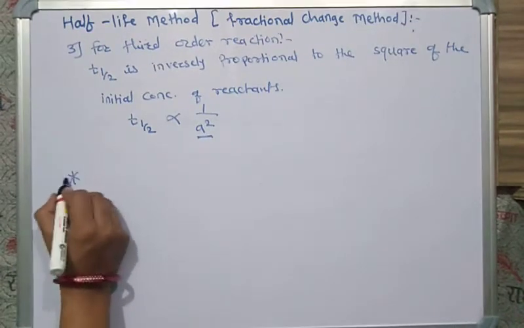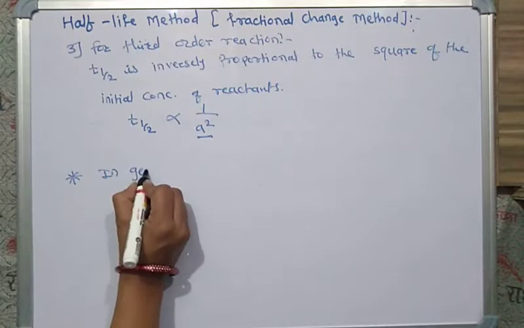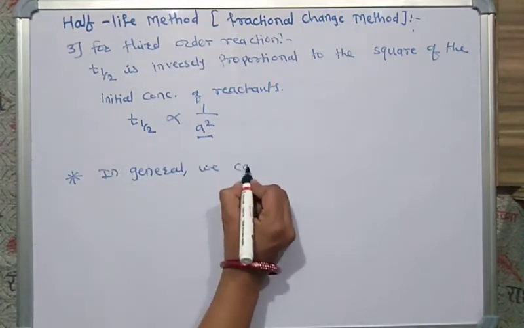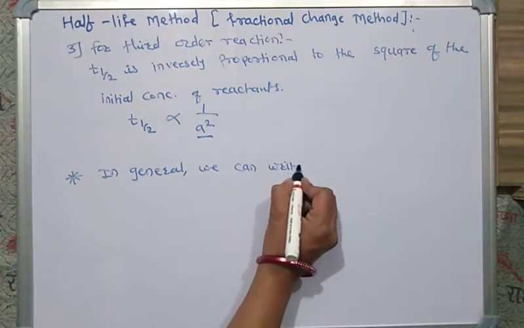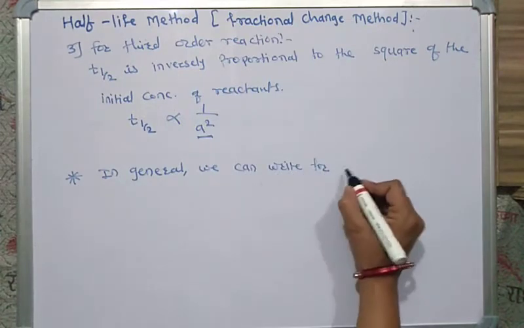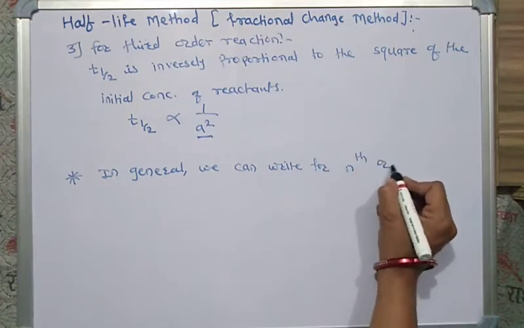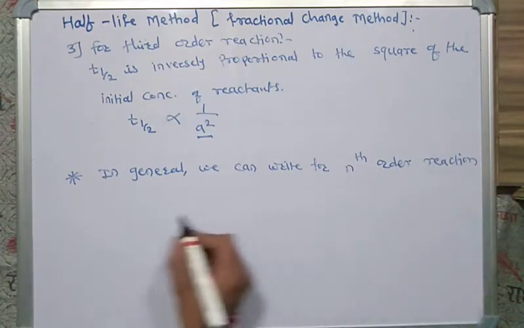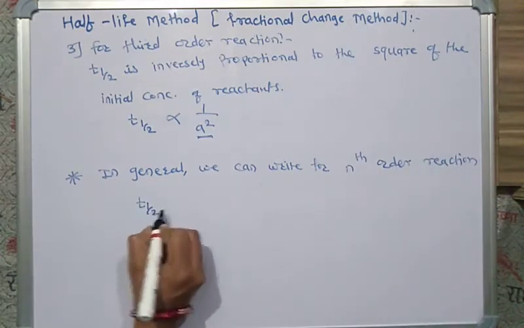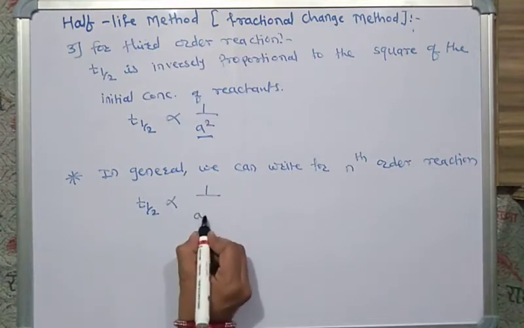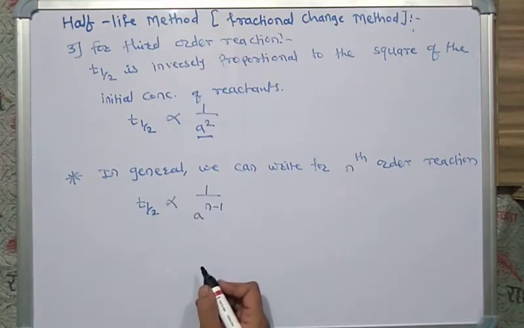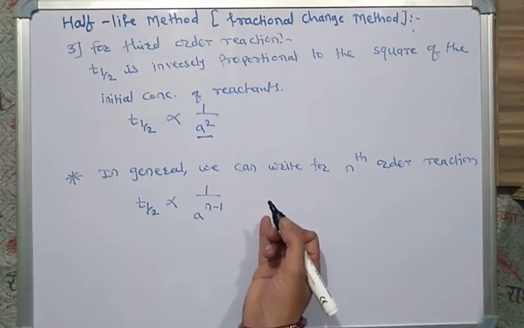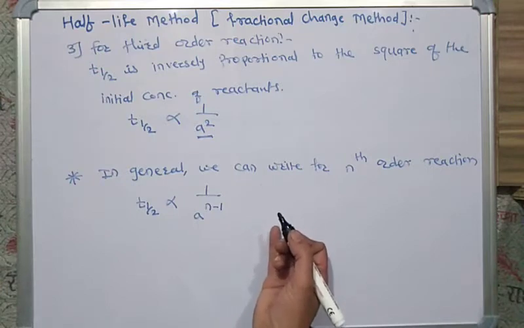In general, we can write for the nth order reaction, T half is proportional to 1 divided by A raised to n minus 1. Means we see for the first order reaction, T half is independent of the initial concentration of reactant.